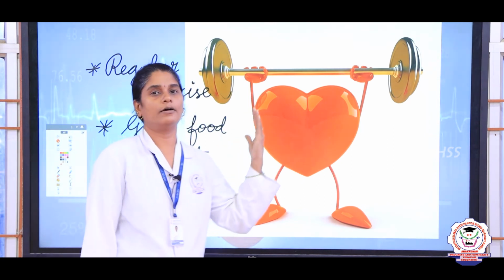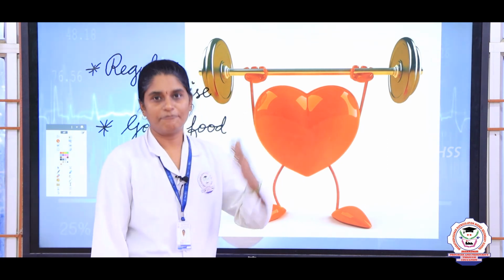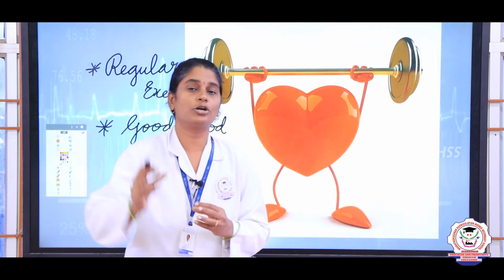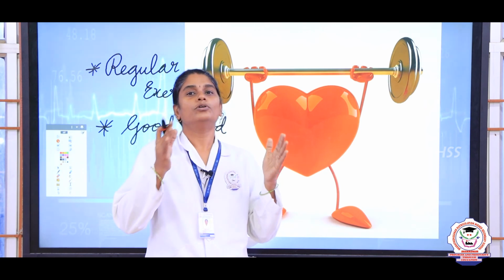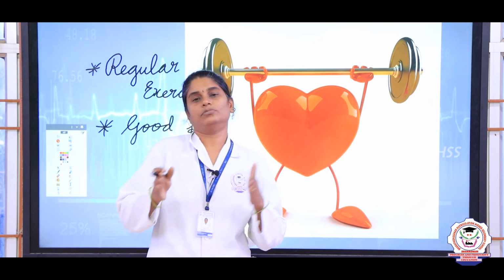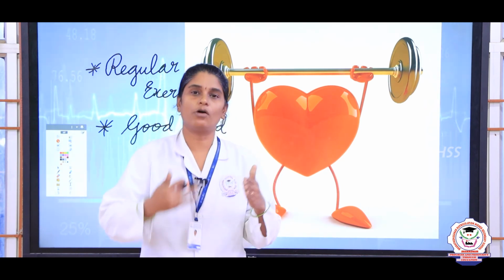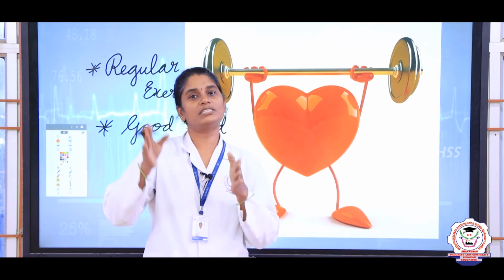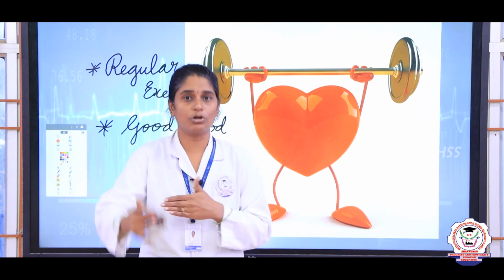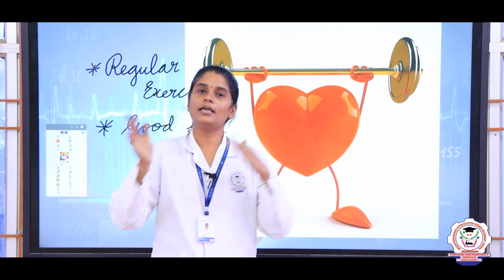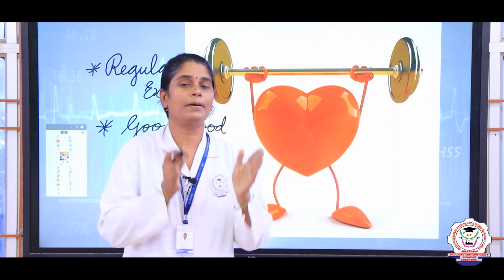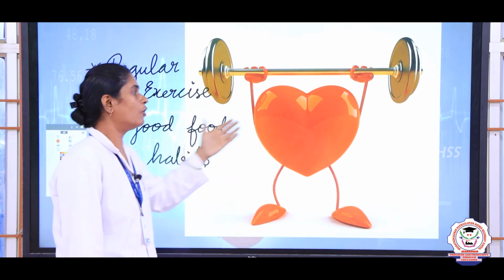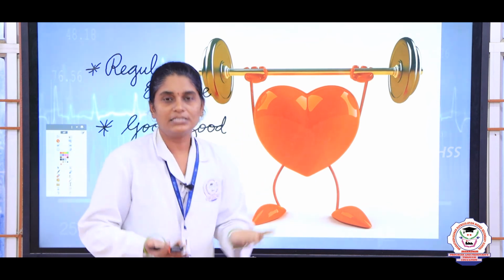So, drink clean water every day, and try to eat small intermediate meals instead of larger ones, and keep a regular time. So, do not skip your meal, or do not delay your timing for the meal. Always, if you are eating your dinner at 7 o'clock, you have to regularly follow that timing. So, keep a regular timing for your meals, and also you have to follow the balanced diet.